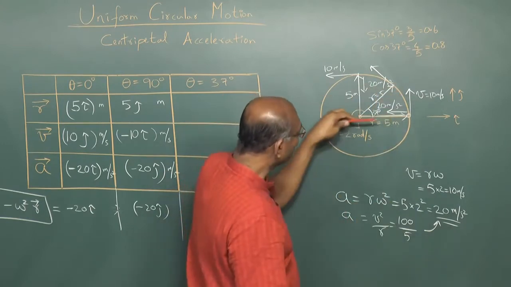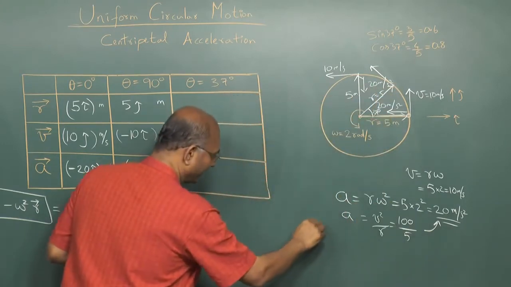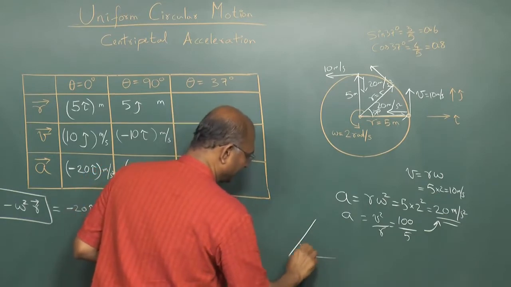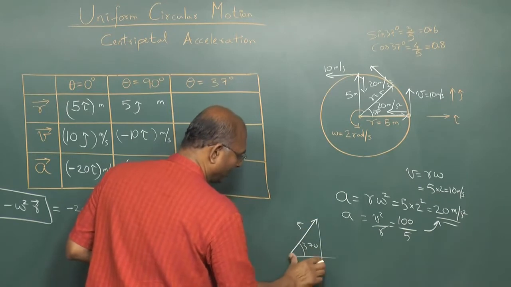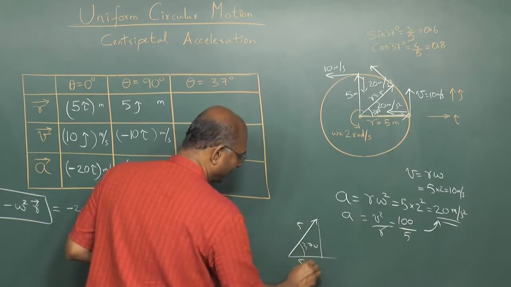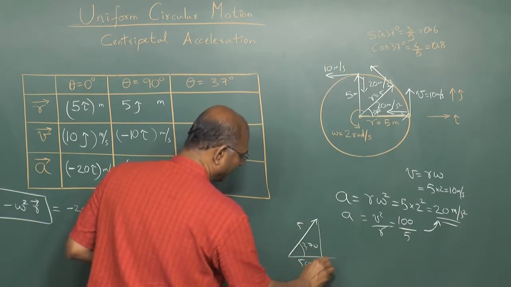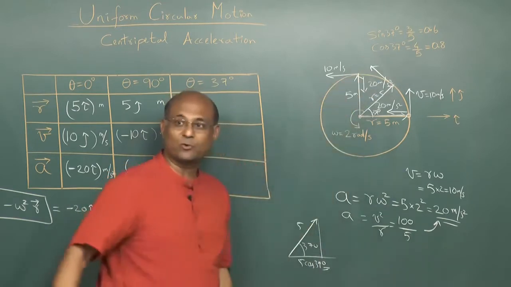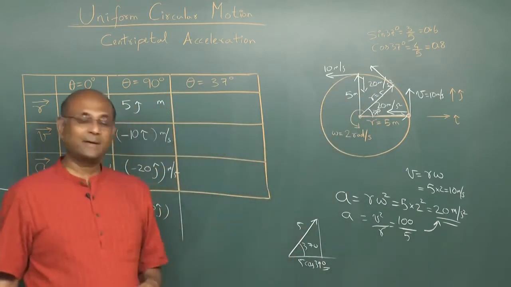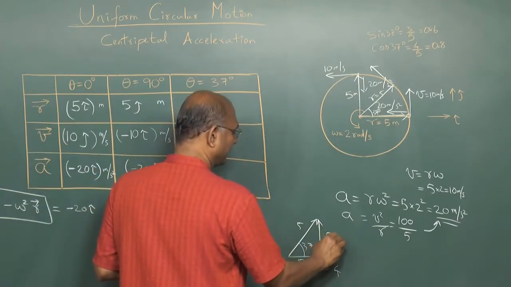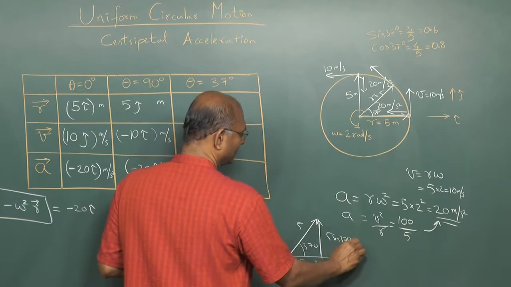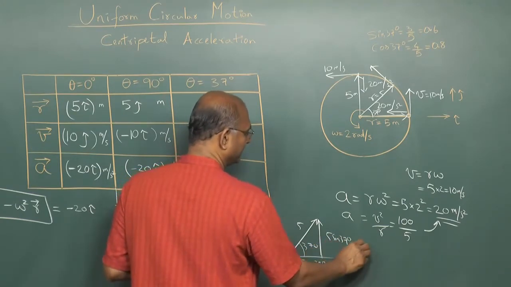So the x component, let me draw it separately. If this is 37 degrees, this is 5. The x component is 5 cos 37. Now cos 37 is 4 by 5, so 5 times 4 by 5 is 4. And then this is 5 sin 37, so that is 3 by 5 into 5, which is basically 3.